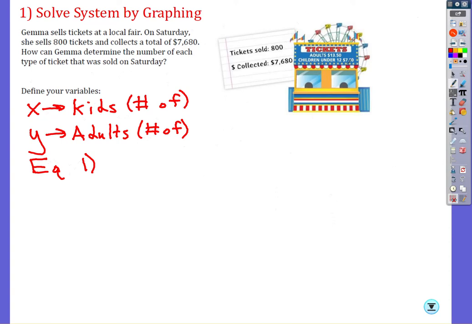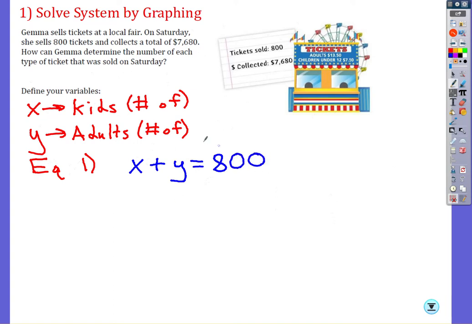If we take the number of adults and add them to the number of kids, we should get the number of tickets sold. No one else is being charged a ticket or attended. So the number of kids, X, plus the number of adults, Y, should equal 800, the number of tickets sold. Pretty simple equation.